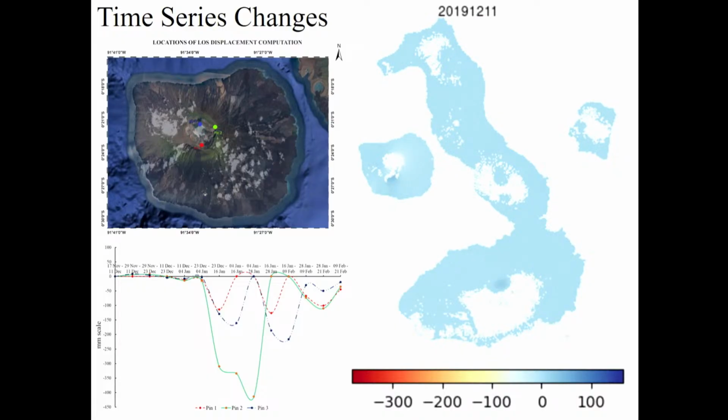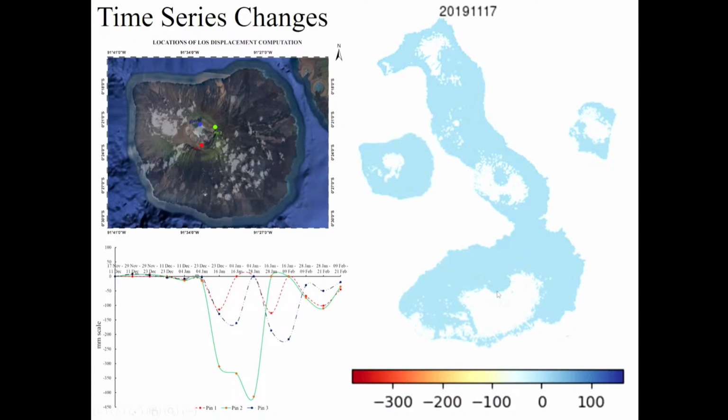So we processed, and finally when this time series map was generated, you can see that as time is increasing, the line of sight displacement is also increasing in this volcanic area, particularly in Fernandina Island. But at the same time, some effect could also be seen towards another side, where another volcano is. So it means that some volcanic activity was also going on here.